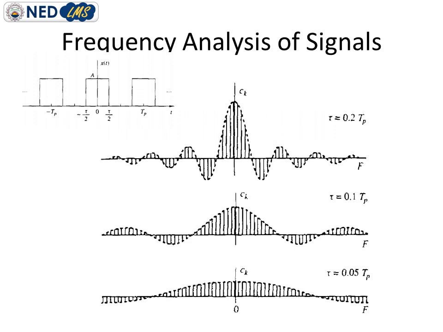We can verify the relationships we discussed in the previous slide. In this plot, I have used the same rectangular pulse train and plotted its frequency domain representation with different values of tau, where tau is the pulse width.